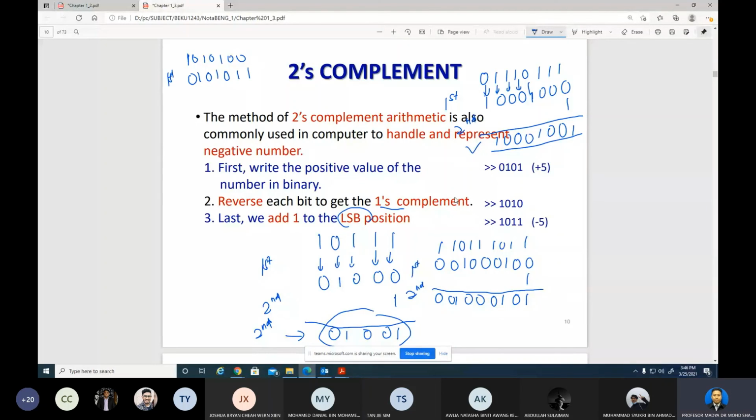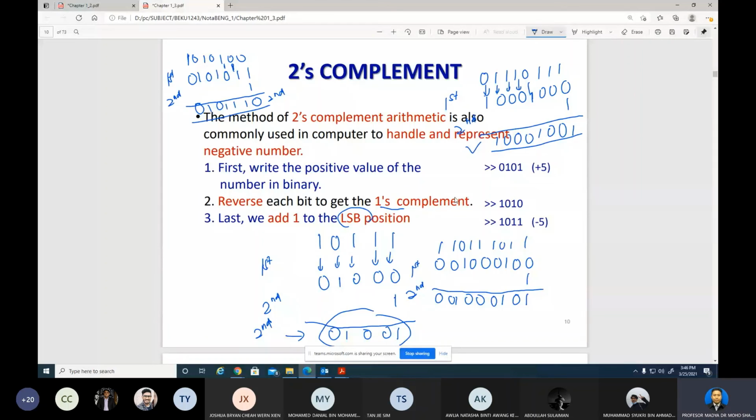Then for the second complement we put 1 here. 1 plus 1 will be 0, carry 1 here. 1 plus 1 will be 0, carry 1 here. And then 1 plus 0 will be 1, giving 0 1 0 1 1 0 0. So this is the second complement for this one.